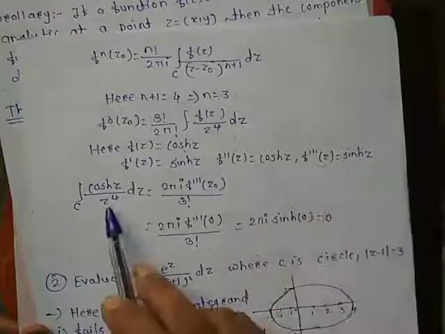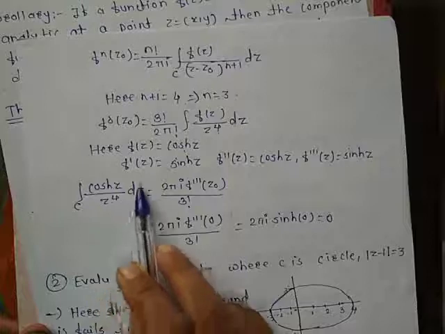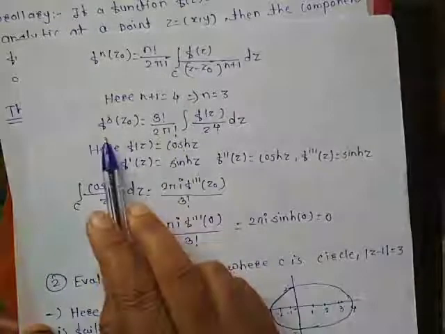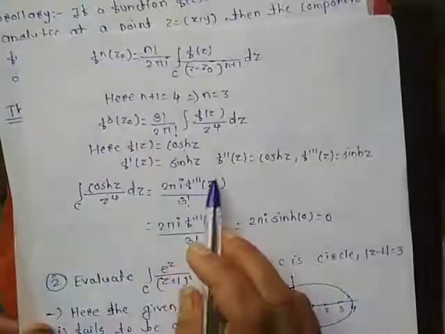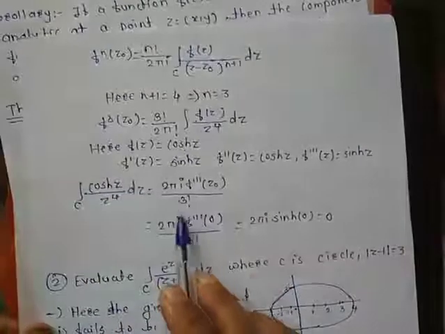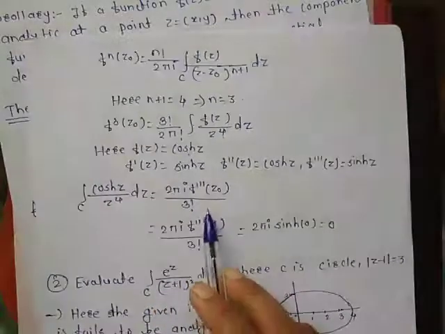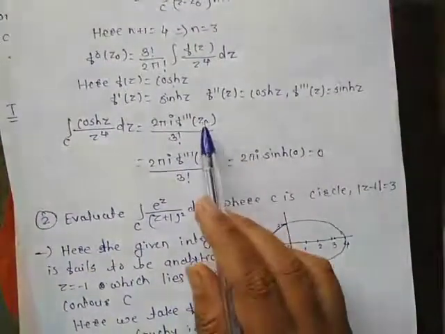So the integral over C of cosh z upon z raised to 4 dz, if you simplify, we will get f raised to 3 of z0 times 2 pi i upon 3, which equals 2 pi i times the third derivative at z0.